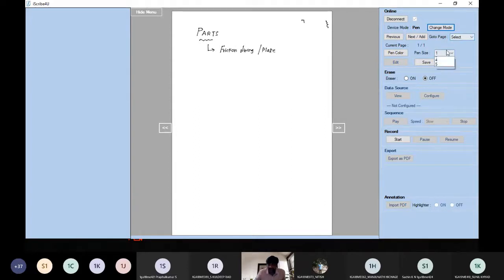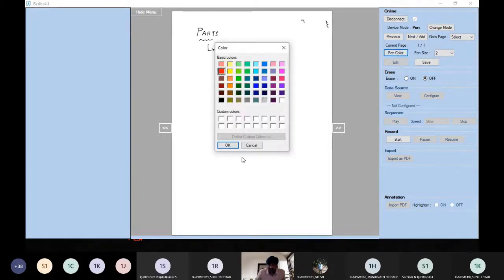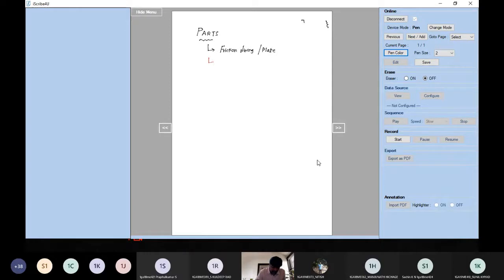The second one is the pressure plate. The pressure plate comes with a diaphragm spring. The friction plate comes with a coil spring. These are the different parts of the clutch.